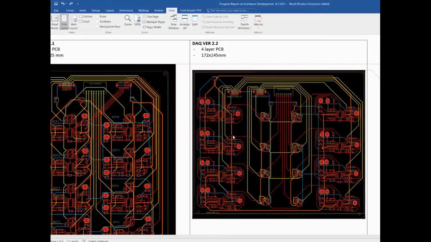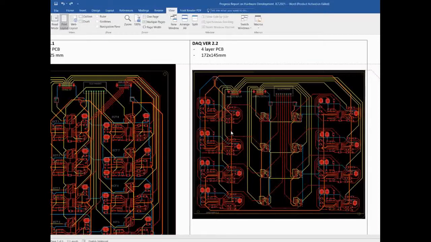This whole thing is just to reduce the EMI problem, because when I tested the fabricated PCB, the DAQ version 1.0, the signals that I obtained from the oscilloscope when the function generator was connected to the circuit were very severe.